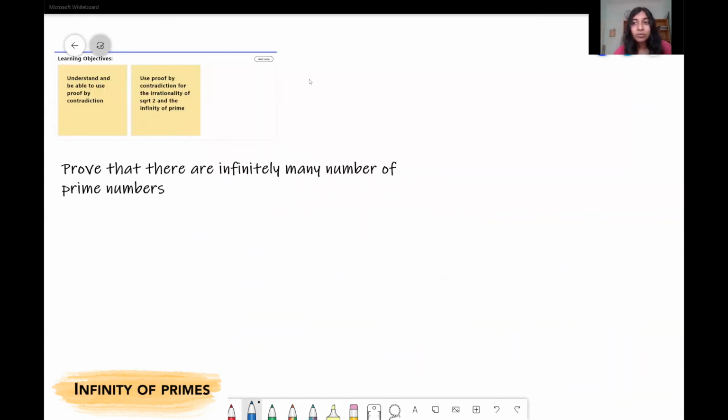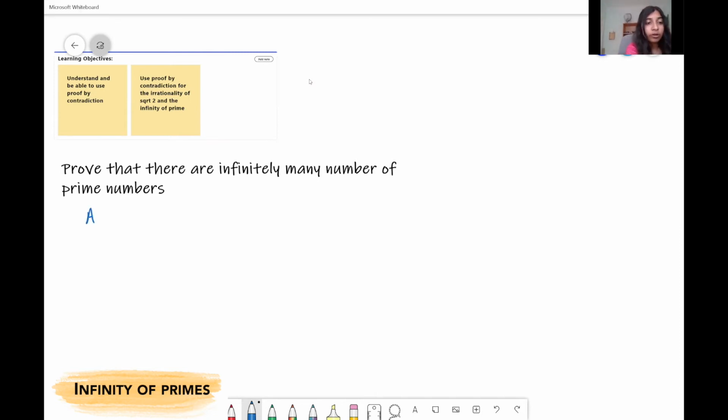The next example we're going to go through is to prove that there are infinitely many prime numbers. So to do this, similarly to before, you have to assume the opposite. So we're going to assume that there are a finite number of prime numbers.